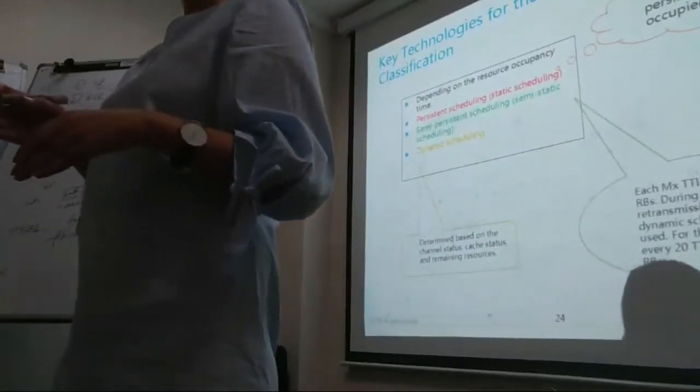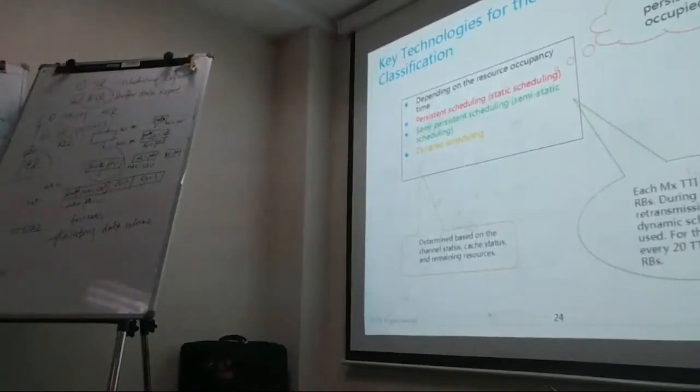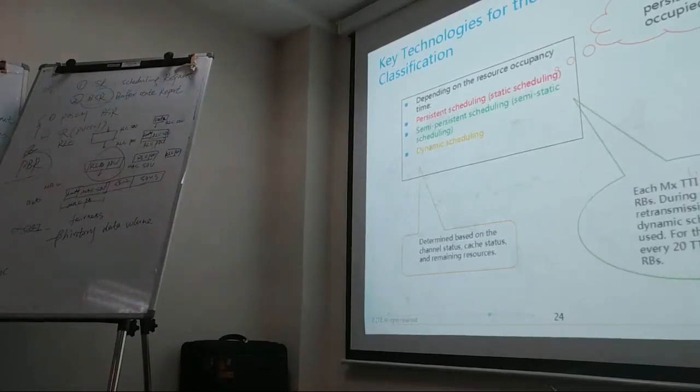So for some special services, if we know the period, I allocate this resource for you, and you can use it directly until the service is ended. For example, for VoLTE, when you start the call.